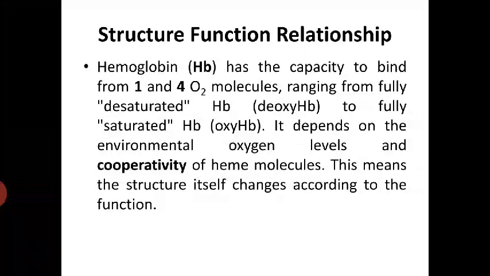So the first factor is oxygen. When oxygen levels are high, the capacity of a partially saturated hemoglobin molecule to bind oxygen disproportionately increases with the number of oxygen molecules it has already bound. In other words, when environmental oxygen levels are high, partially saturated hemoglobin molecules exhibit enhanced affinity for binding additional oxygen molecules.